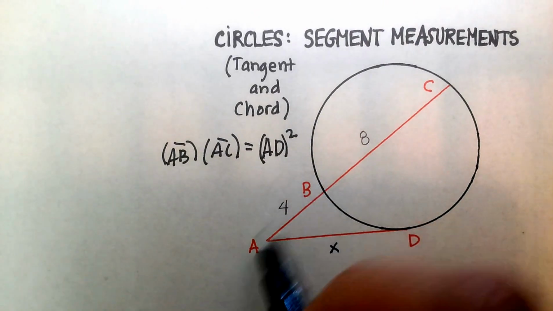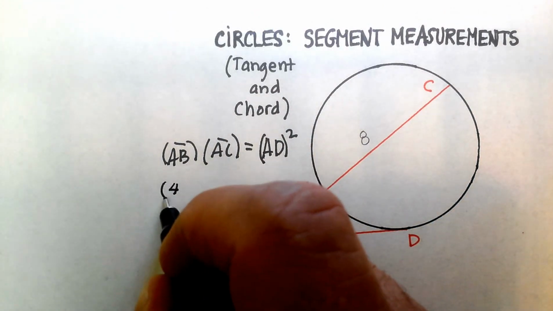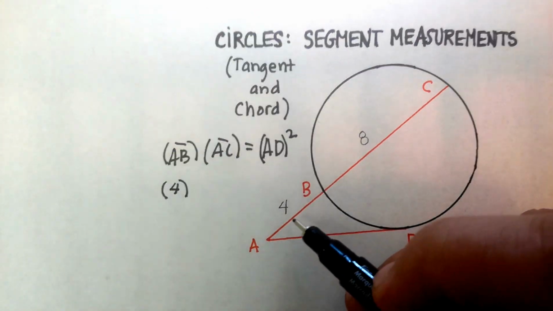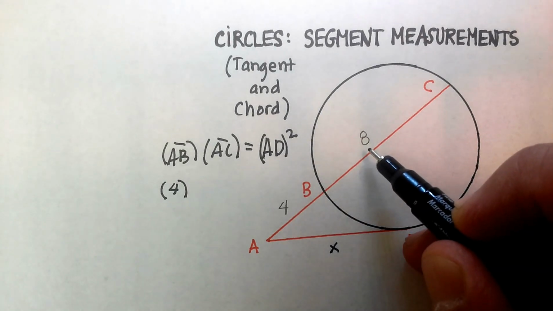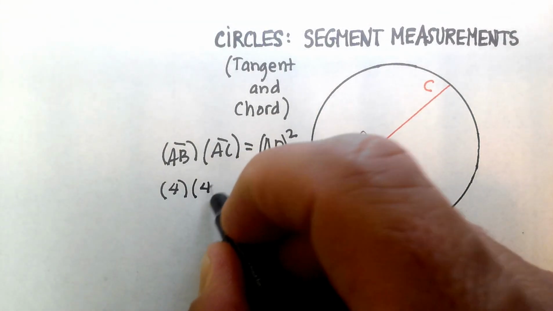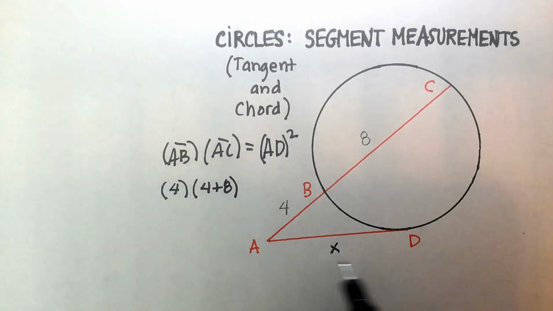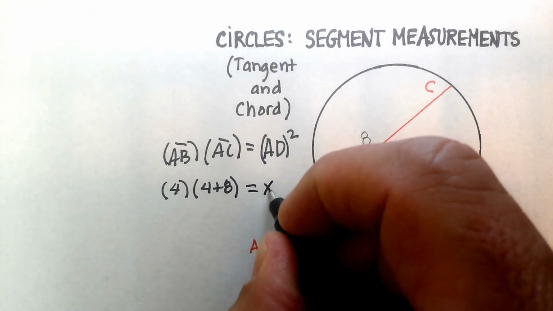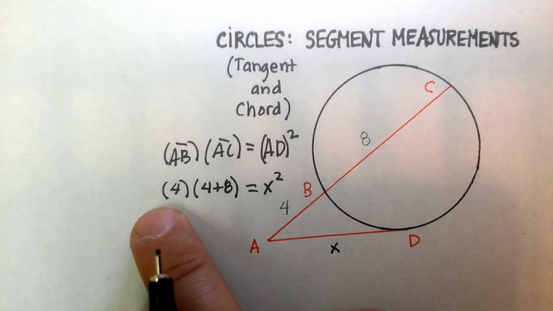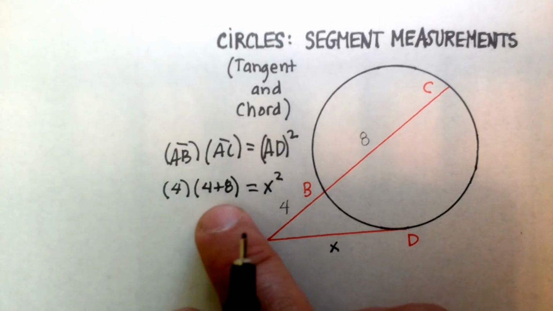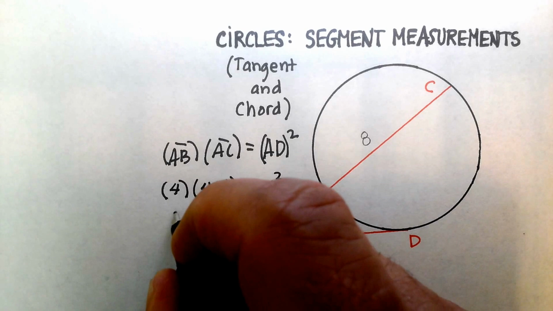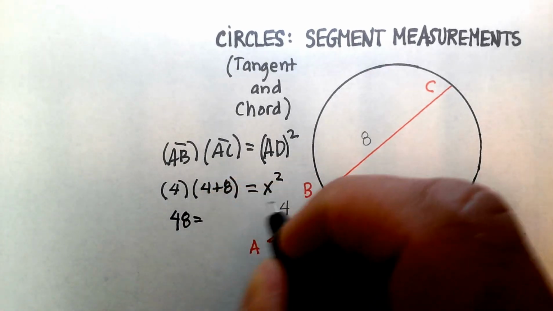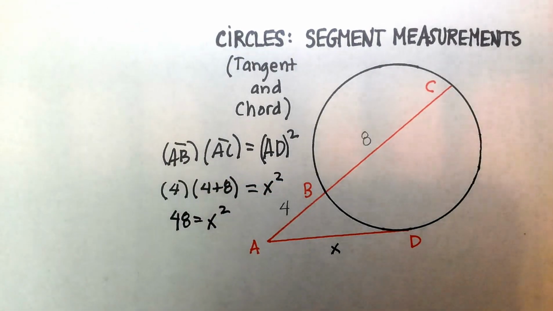You take AB, which is 4, times AC, which would be 4 plus 8, and that will be equal to this segment AD squared. So we'll just say X squared. So you'll get 4 times 12, which is 48, equal to X squared.